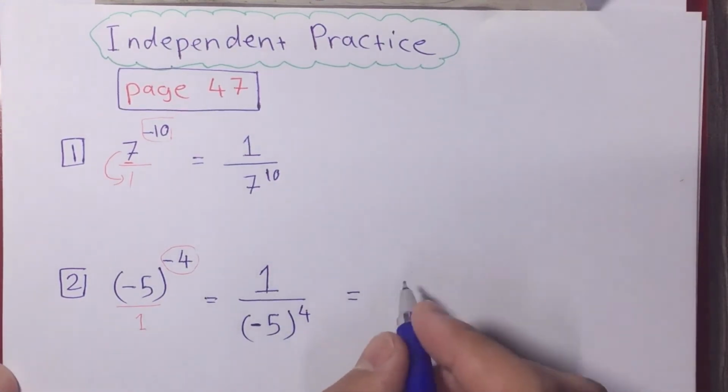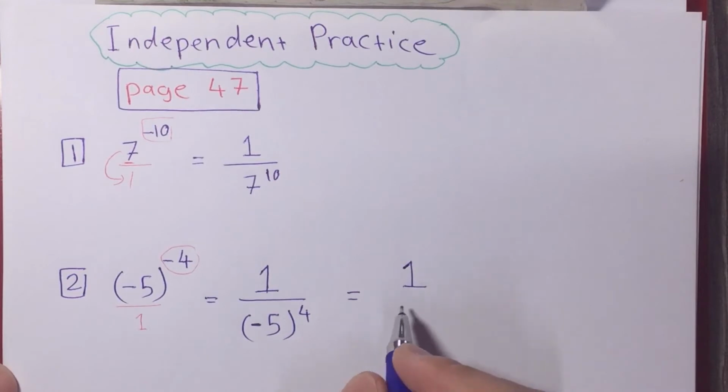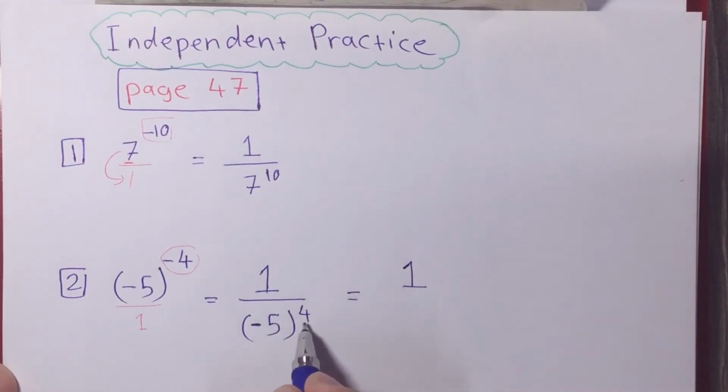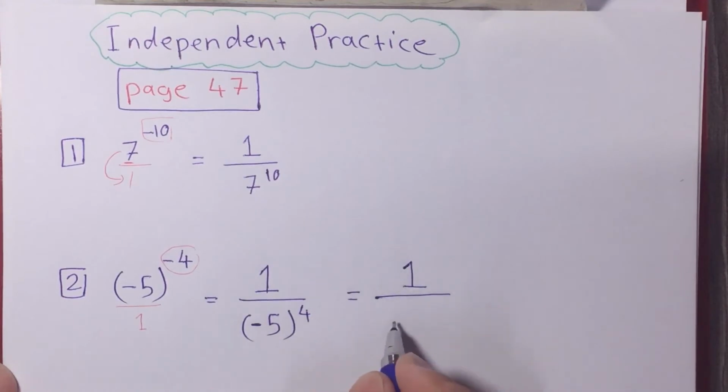And we can calculate this. So we can write 1 over, there is a negative here, so we look at the exponent. Is it odd or even? It's even, so the answer will be positive. Positive 5 to the power of 4.